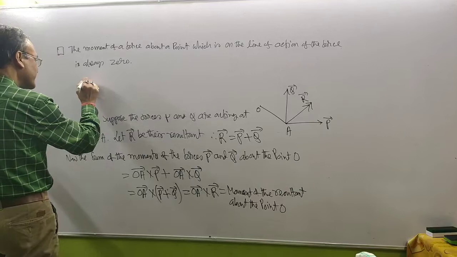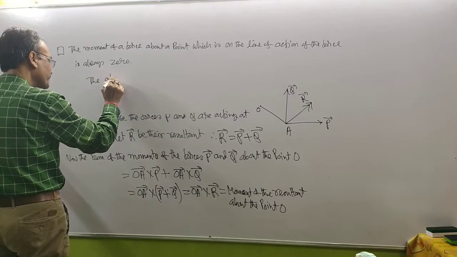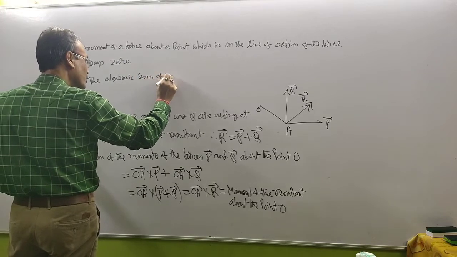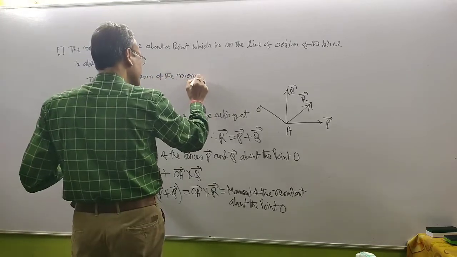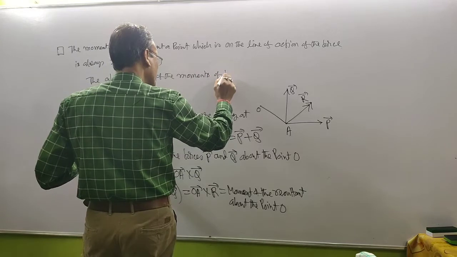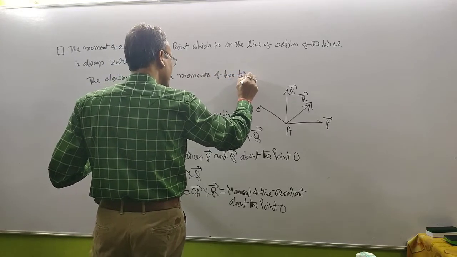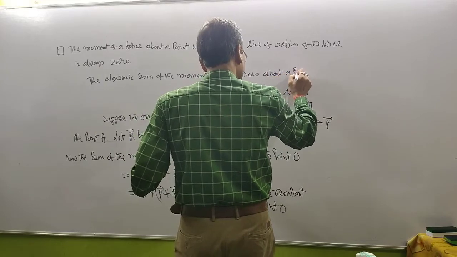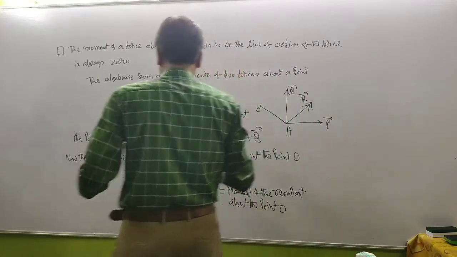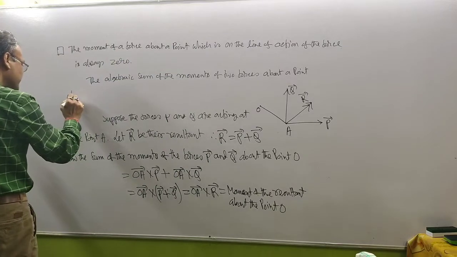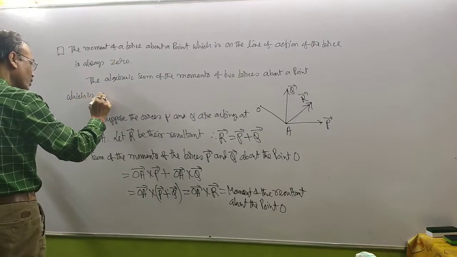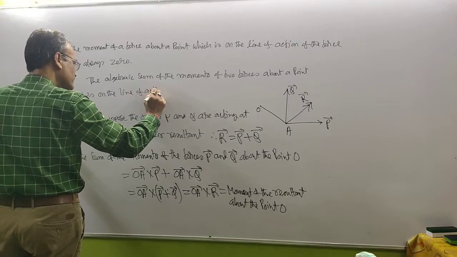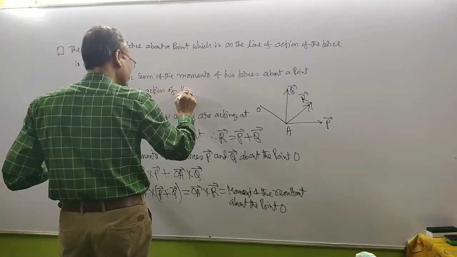Now, you may write the algebraic sum of the moments of two forces about a point which is on the line of action of their resultant.